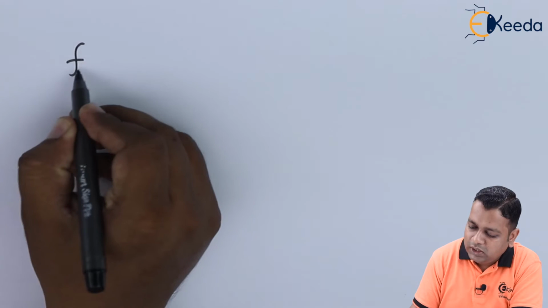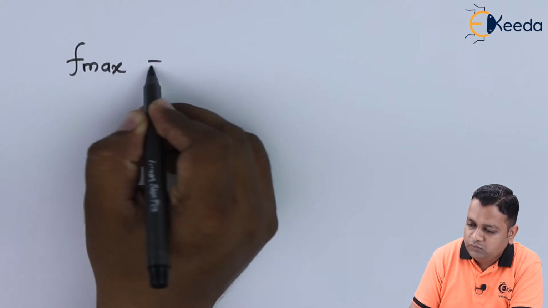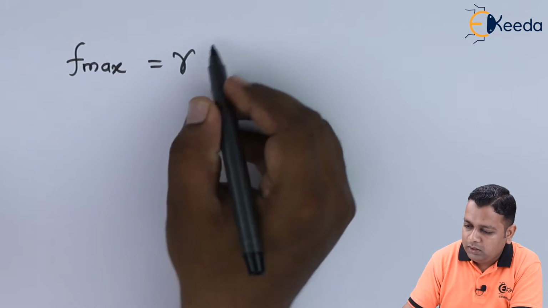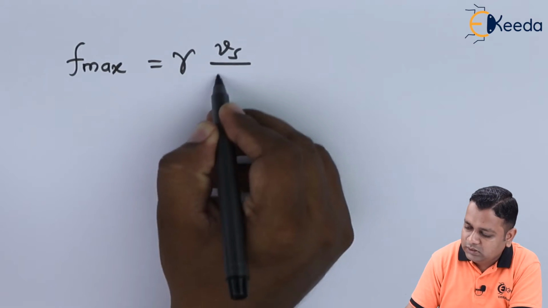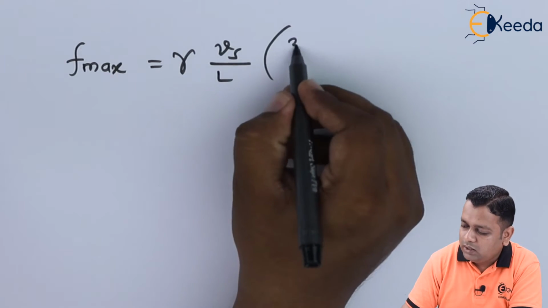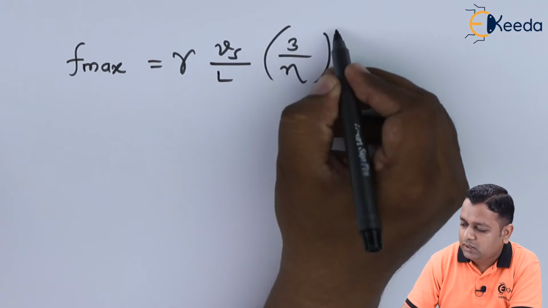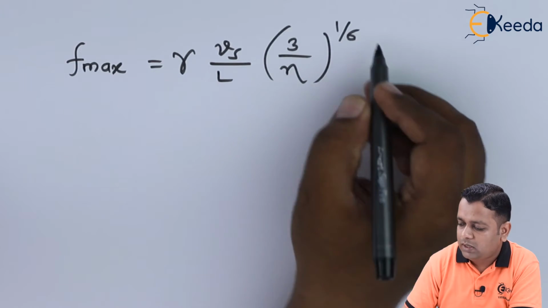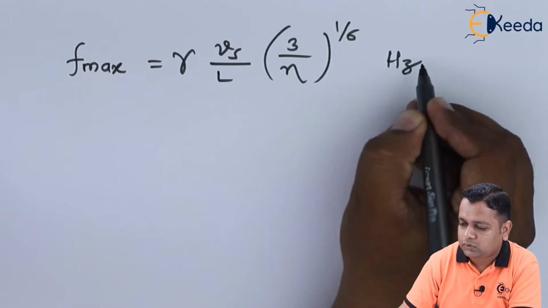In this situation the maximum oscillating frequency f_max we obtain as gamma multiplied by V_s divided by L, times 3 divided by eta to the power 1/6, in hertz.